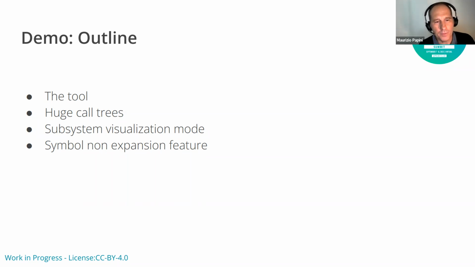Then we will look at how to simplify the call tree representation, working at subsystem level. And then we will view, if we have time, the feature of not expanding, which allows not expanding some symbols or some leaves.